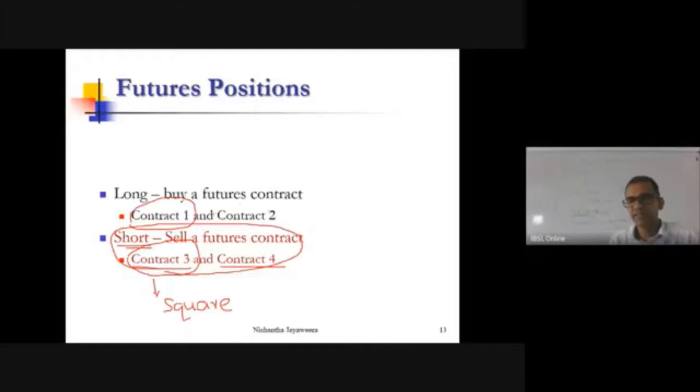Even here, you bought an oil contract and you sold an oil contract, so the position is square. But assume you don't have this, but you have this, then you are running 2 short positions. Forget about this one as well. You have this, that means you have sold a euro dollar futures contract, then you are in a short position.